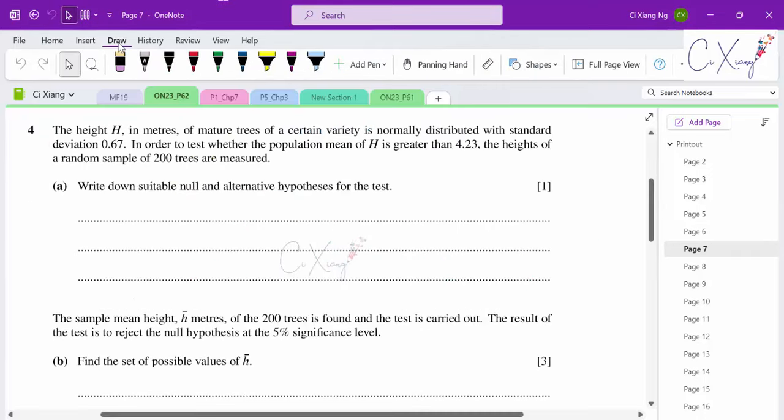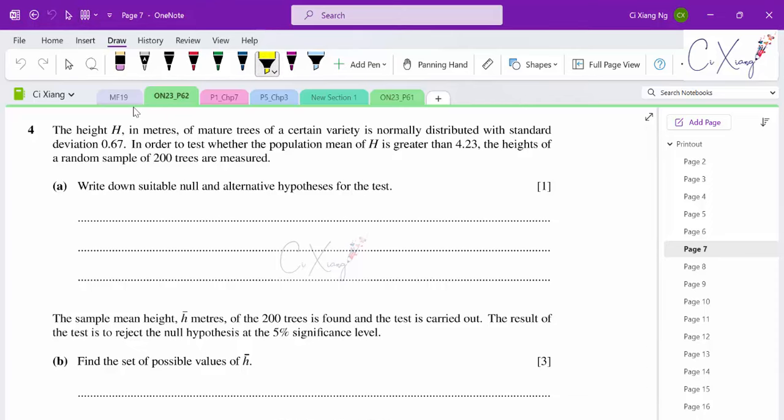Okay, so let's discuss question number 4. We are having the height in meters for the trees of a certain variety is normally distributed. So kindly highlight the keyword normally distributed, with standard deviation 0.67. This sentence basically tells us that we have a population which is normally distributed and the population standard deviation is known, which is 0.67.